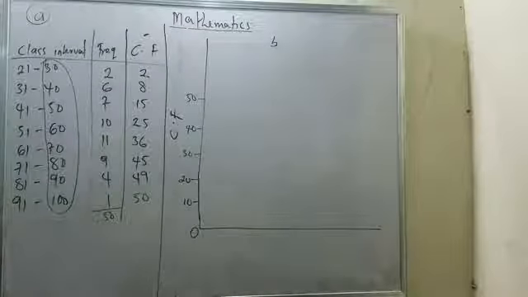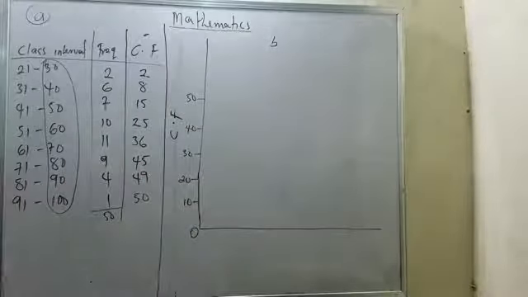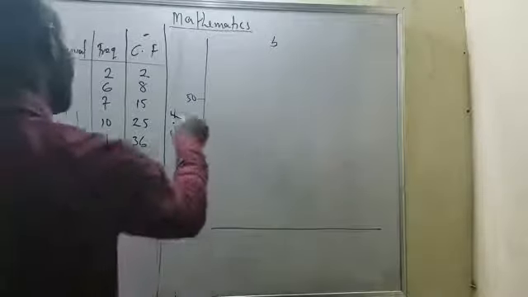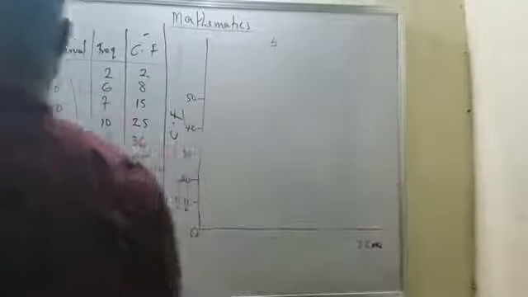With the help of the scale, you will know what to do if you have a problem with that. The second thing is this will be my cumulative frequency, and this one will be my score. What are the scores?